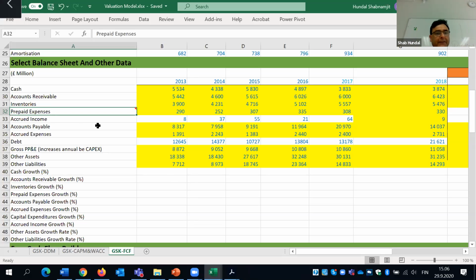And then there is accrued income. Accrued income, if you don't know, let me explain it to you. Accrued income is that income which has emerged, but you haven't received it. Let's say I have some stocks. I have some shares of Finnair. And today is 29th of September.